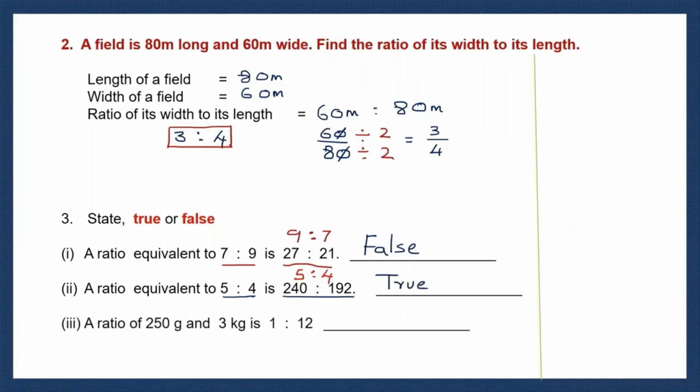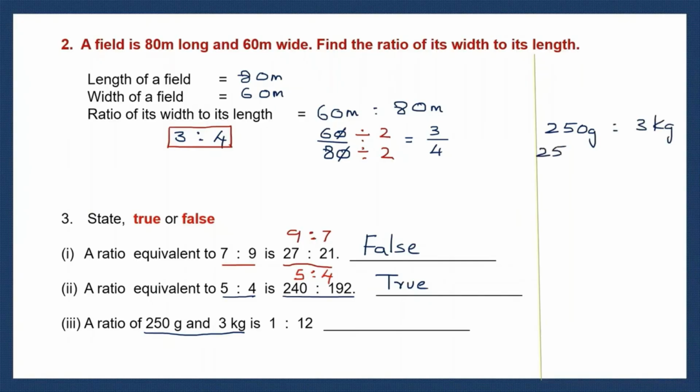Third statement: a ratio of 250 grams and 3 kilograms is 1:12. Let's see if that statement is true. So first let's take 250 grams is to 3 kilograms. As you can see, the units are different. Let's get them to the same unit.